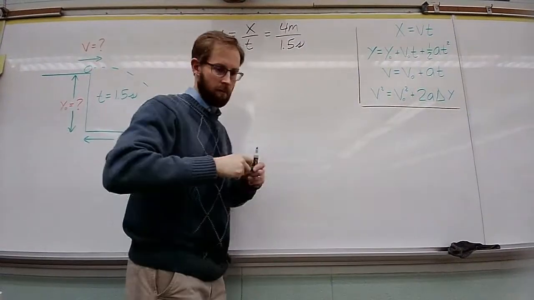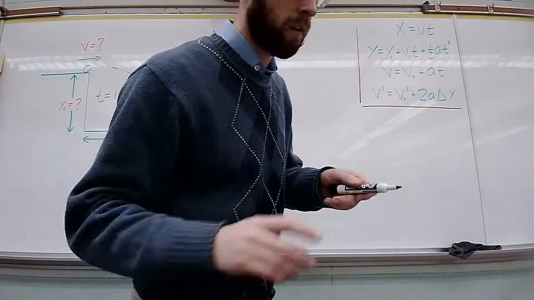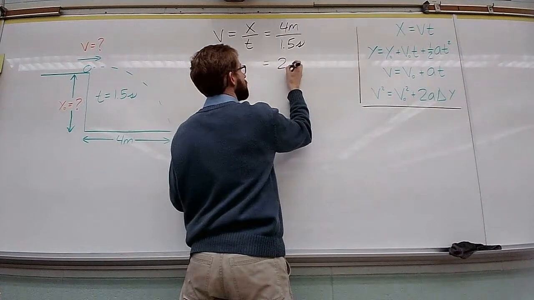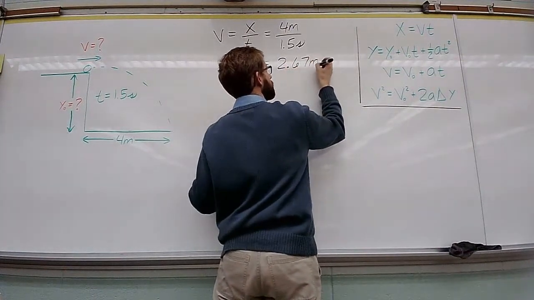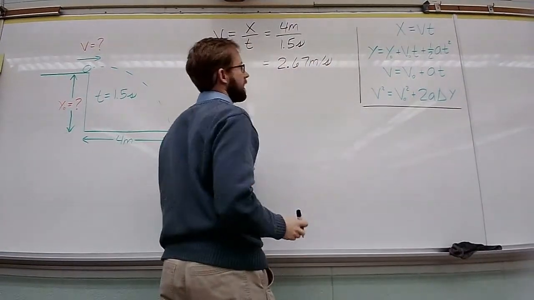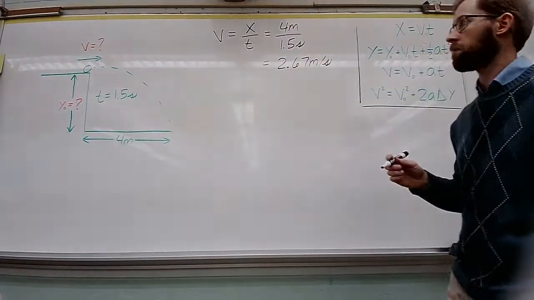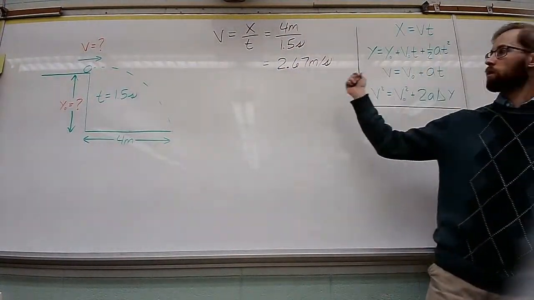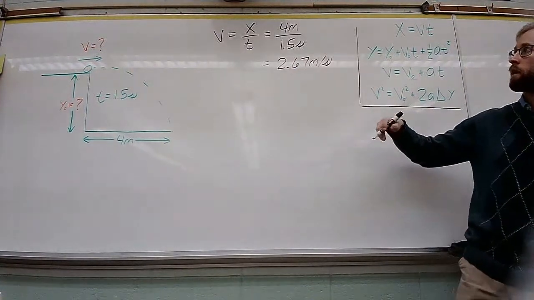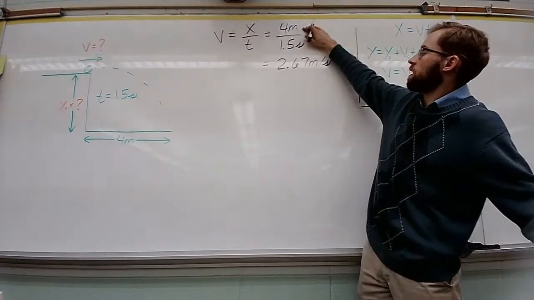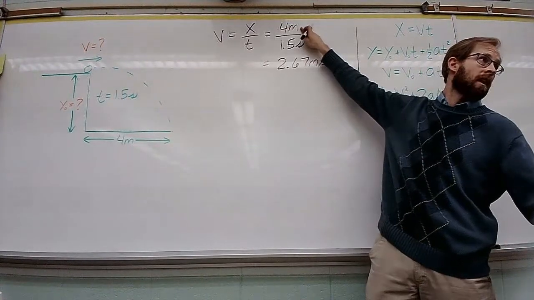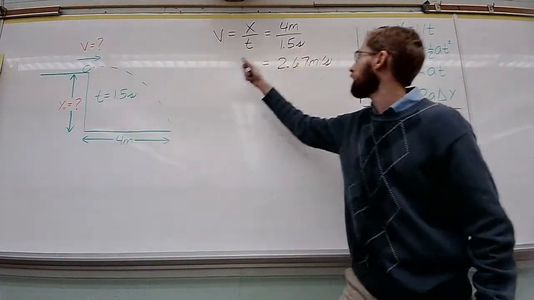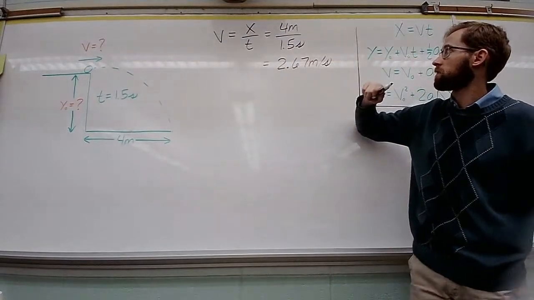So yeah, using that information, we've got a velocity of 2.67 or so meters per second. And again, make sure that you're thinking of this in terms of vertical and horizontal motion. This is a horizontal velocity we're looking for. Therefore, this distance that we're using has to be a horizontal distance. If this gave us the height, that height would not go here because it's a horizontal distance that works with this equation.